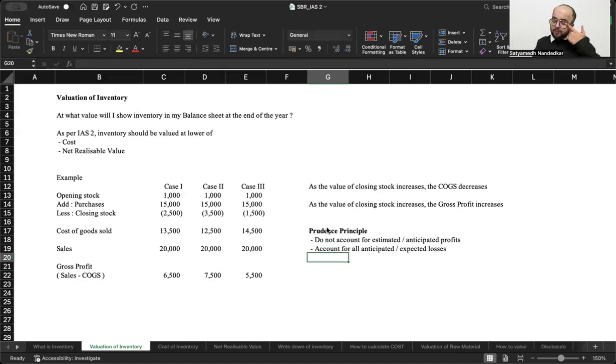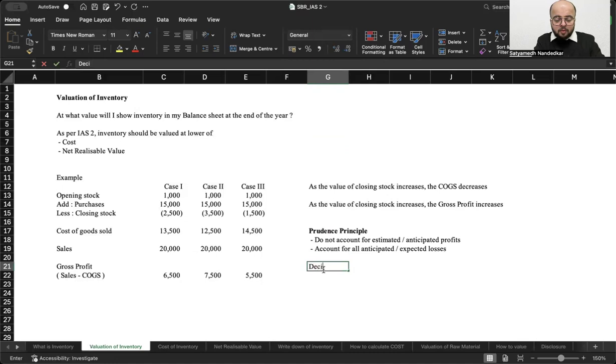When you show the inventory at lower of cost or net realizable value, you are understating the asset and you are also understating the profit. So deciding to value inventory at the lower of the two is basically an application of your prudence principle.